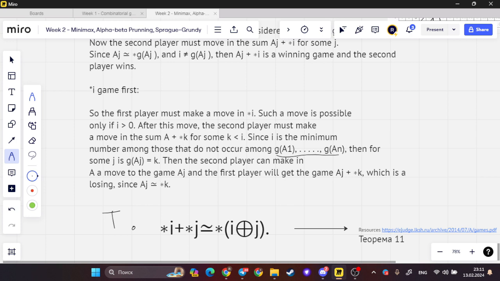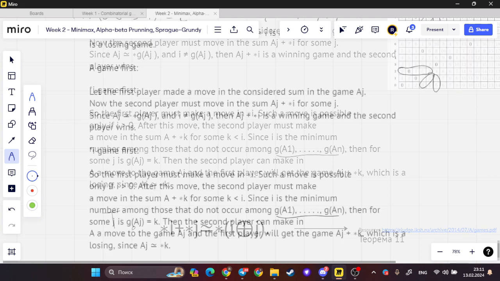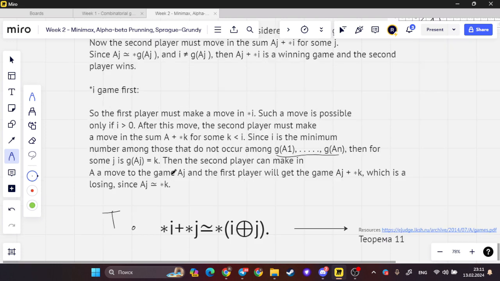Then the second player can make a move in A to the game AG, and he can win. That's it. The second player wins.